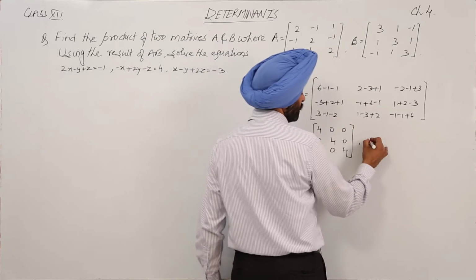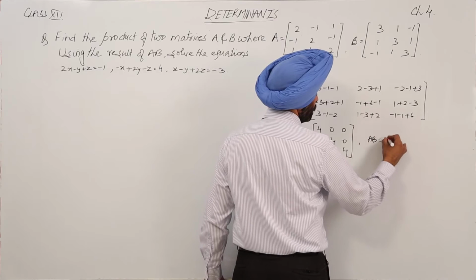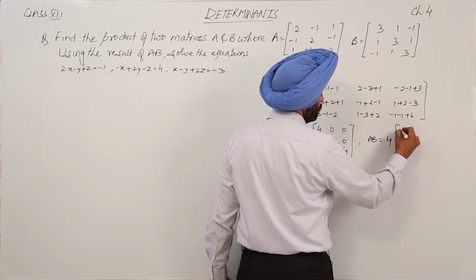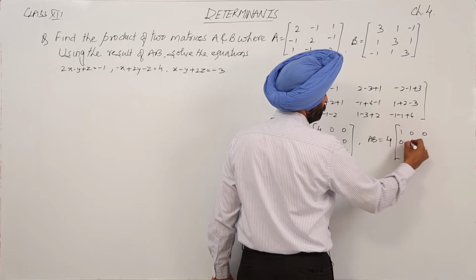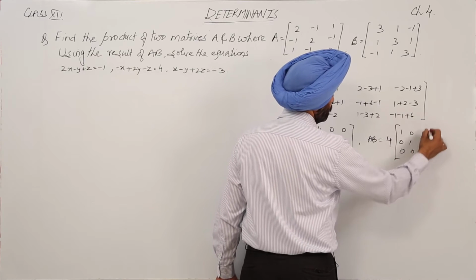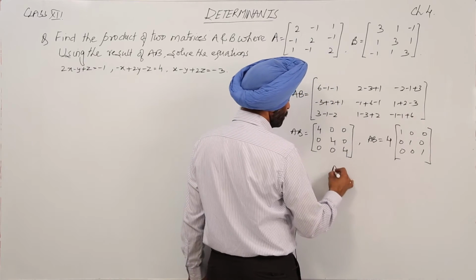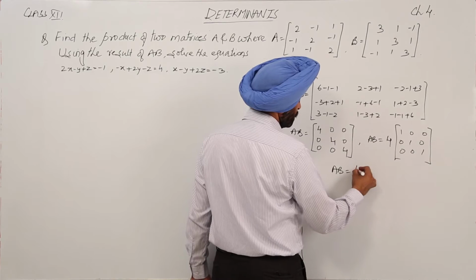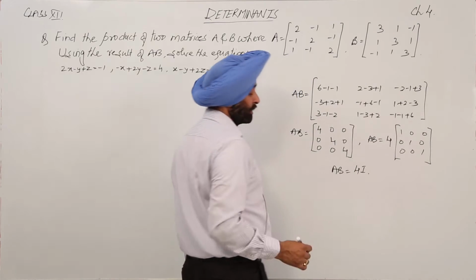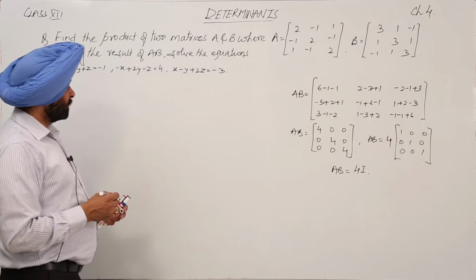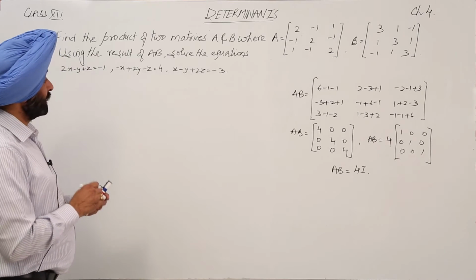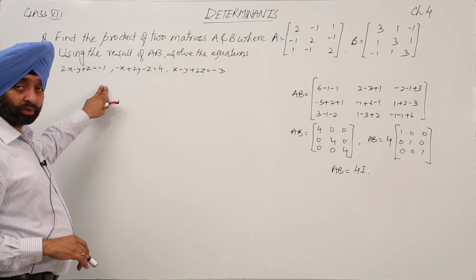So AB is equal to 4 times 1 0 0, 0 1 0, 0 0 1. Now AB can be written as 4I. This is our AB. Okay, so now let's move on to finding the solution of these equations.